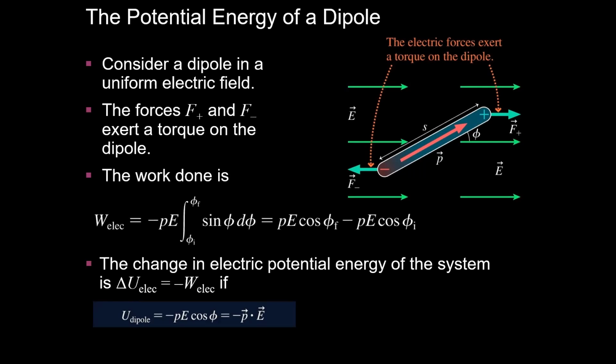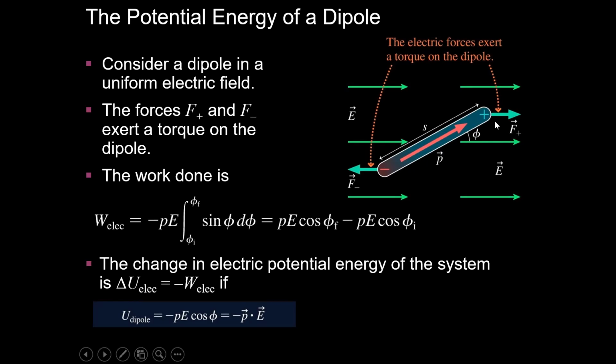Well, it turns out in this case, when is the potential energy of the dipole the largest? It's largest when the positive part is pointing against the field and the negative part is pointing with the field.